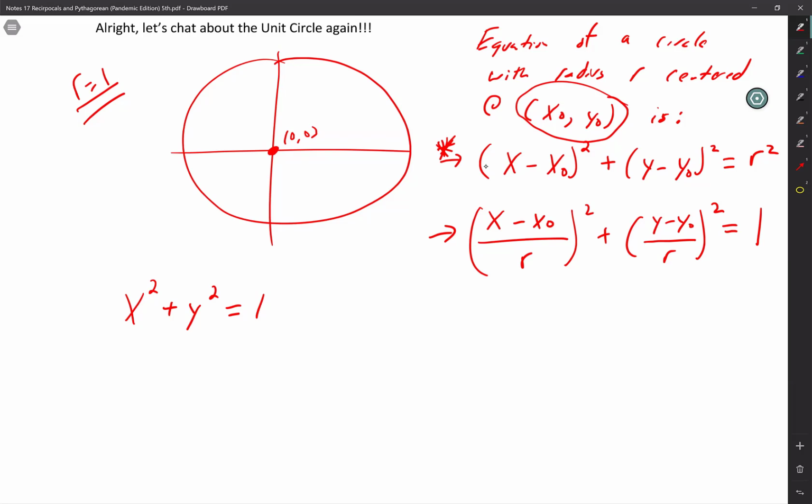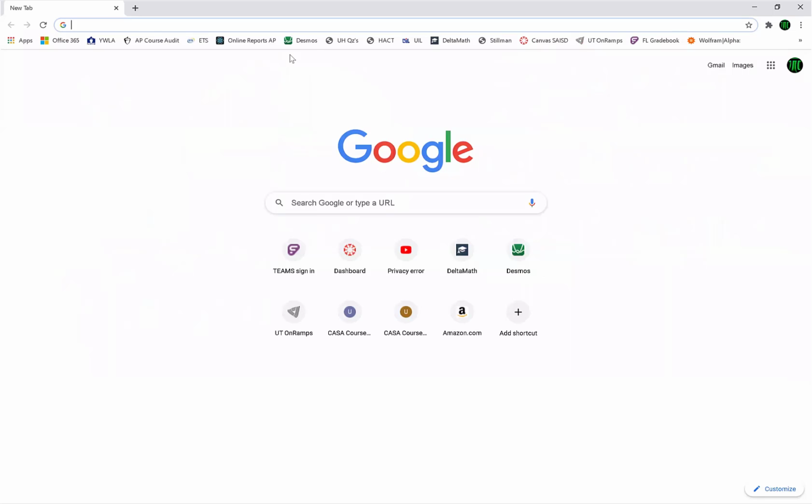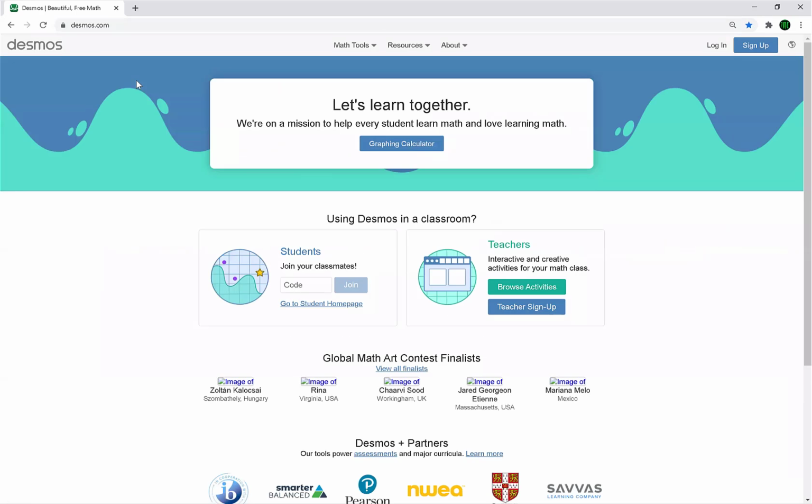So this x squared plus y squared equals 1, that's the equation of the unit circle, centered at the origin. So if you were to type that on Desmos, you would get a circle. As a matter of fact, I wasn't going to, but let's go ahead and take Desmos out and you can see. So let me go ahead and share my screen and let's go to Desmos and let's type it in.